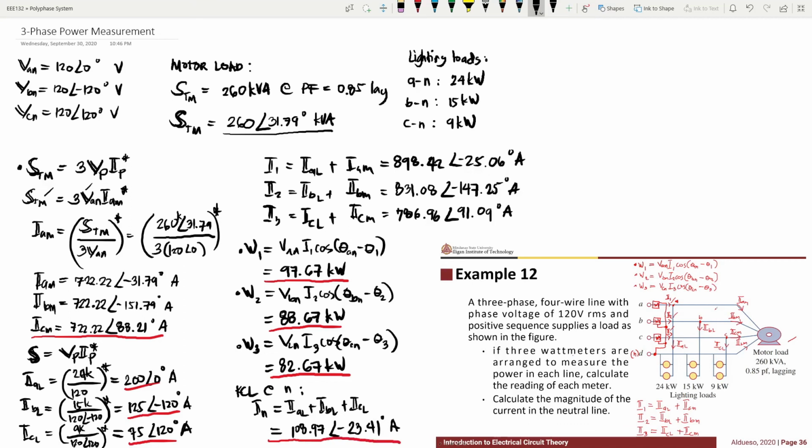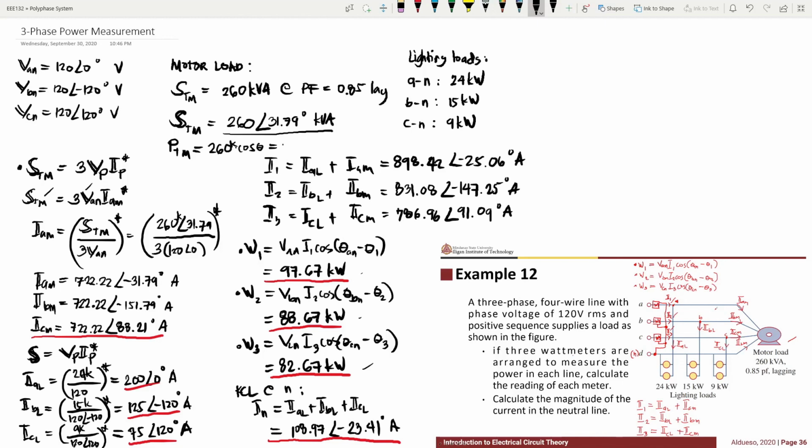There's another way to solve for the readings of wattmeter 1, wattmeter 2, and wattmeter 3. So if you take a look at the motor load, we're given the apparent power and the PF. So we can also get the total power, where the total power of the motor is equivalent to 260 times cosine of theta.